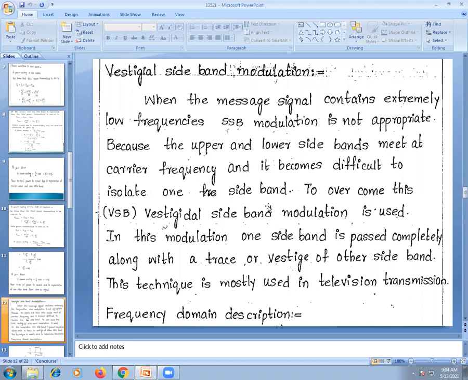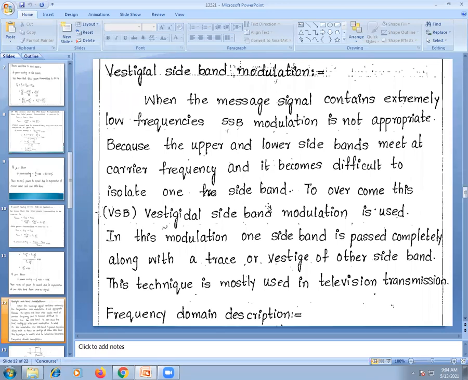That means a small portion of the other sideband is also transmitted. Complete one sideband plus the remaining small part of the other sideband, that is the vestigial part. That's why this is vestigial sideband. This technique is mostly used in television transmission.